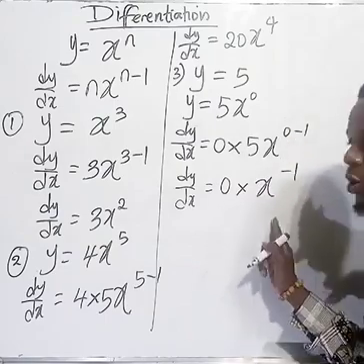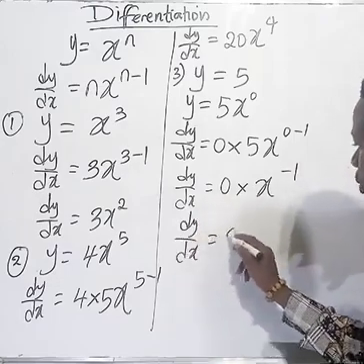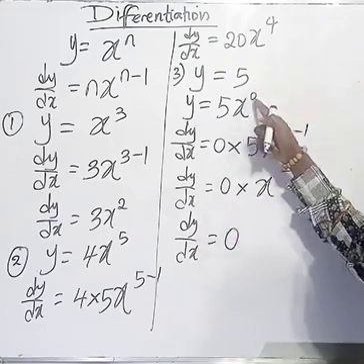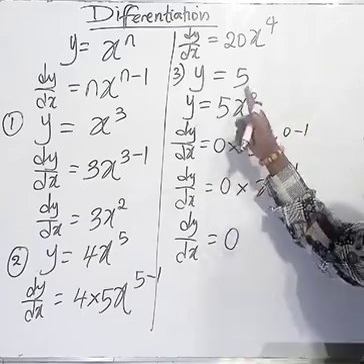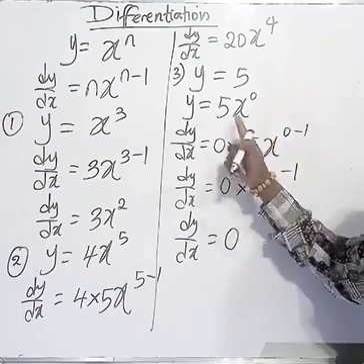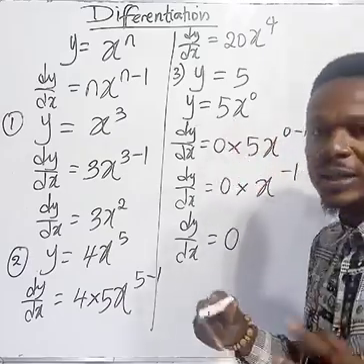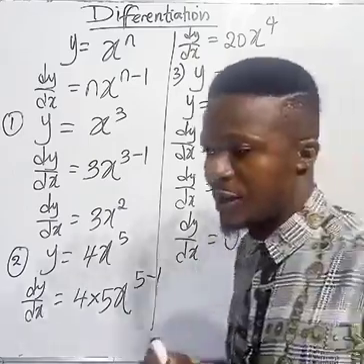Any number whatsoever multiplied by 0 will always give us 0, whether a letter or a number. So no matter the constant you are having here, if I have 6 here, it will be 0 times 6, which is 0. If I have 7 here, it will be 0 times 7, which is 0. If I have 4 here, it will be 0 times 4, which is 0. So anytime you differentiate a constant, you must get a 0. That is what I want you to understand here.